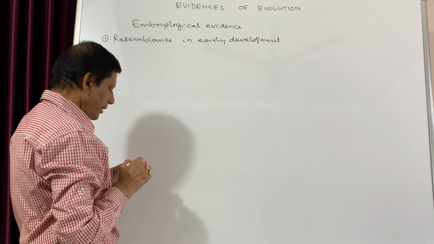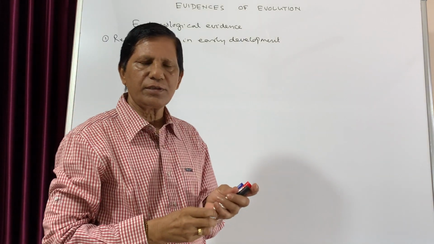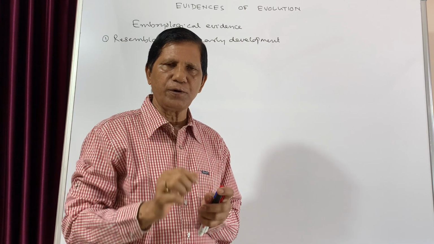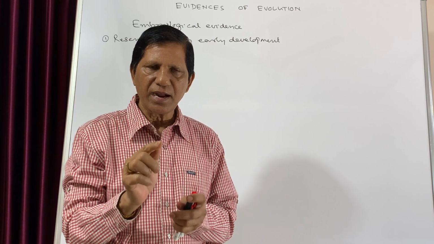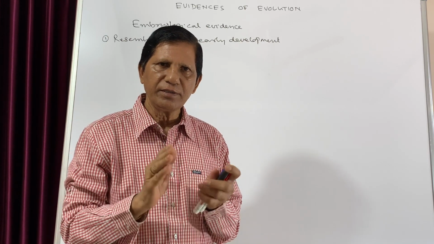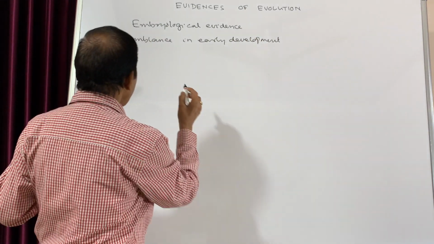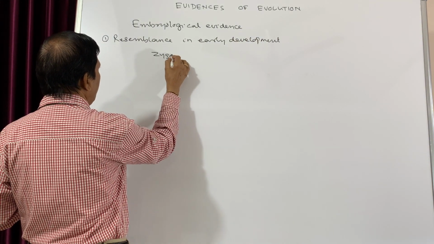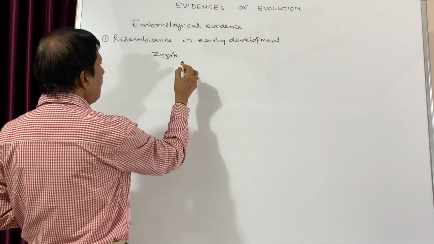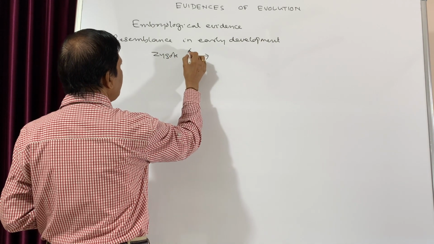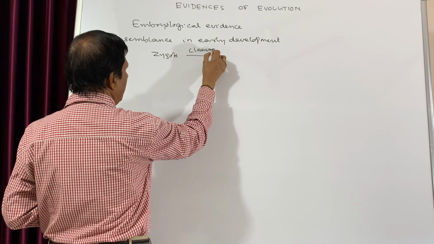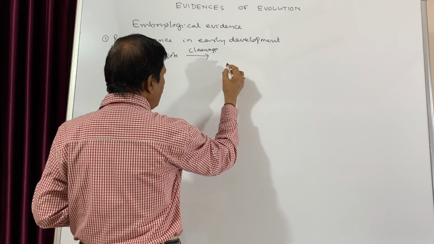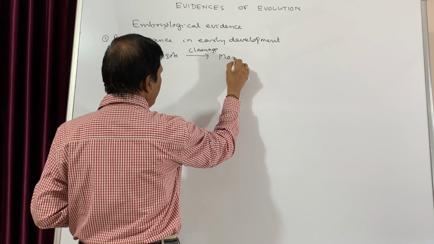Now, usually in all animals, the starting point is the zygote. That means when one egg and one male gamete combine together, the zygote is formed. So the zygote is the starting point for all organisms. Now this zygote undergoes cleavage and gives rise to the morula.